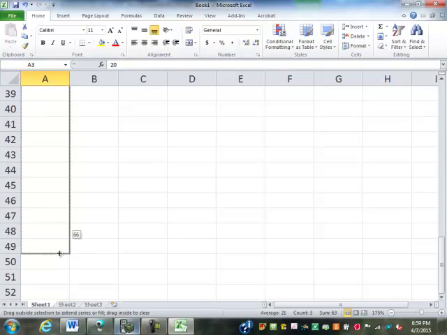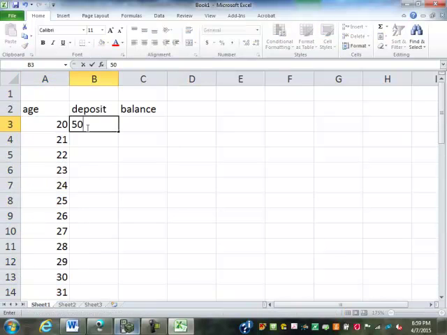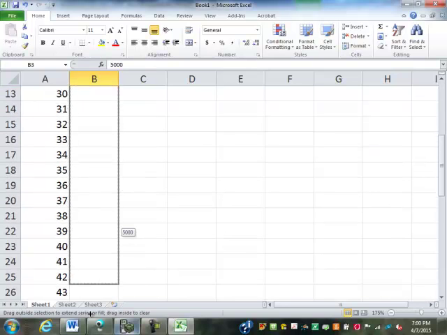And we'll go up to 65. I'm going to change this to 5,000 because 5,000 is the maximum you're allowed to put away each year into an IRA. Federal limits, $5,000. Unless you're over 55, then you can put away more. But we're just going to say you put away $5,000 a year in an IRA.